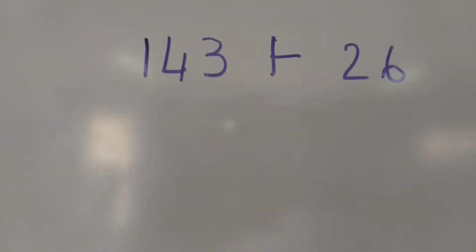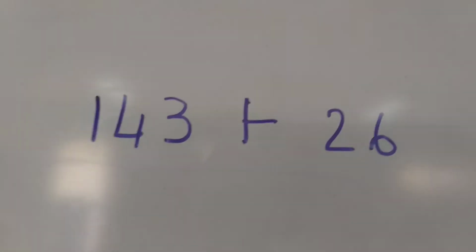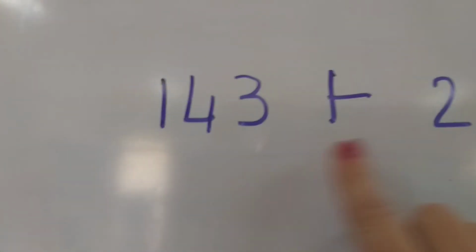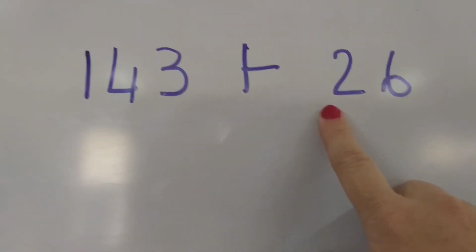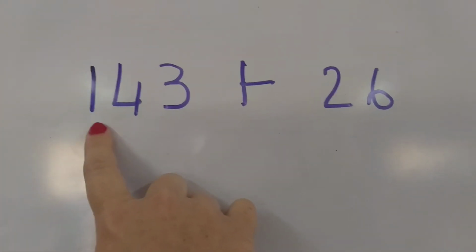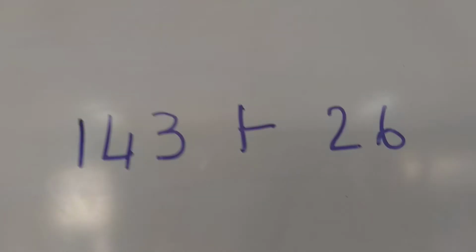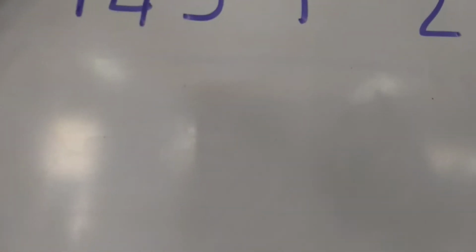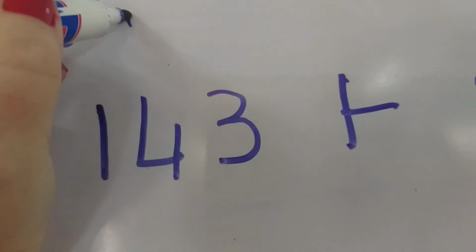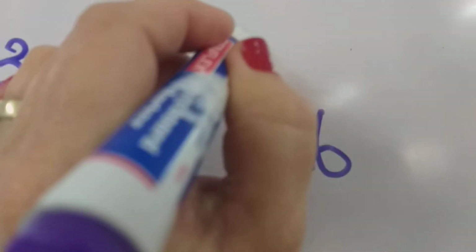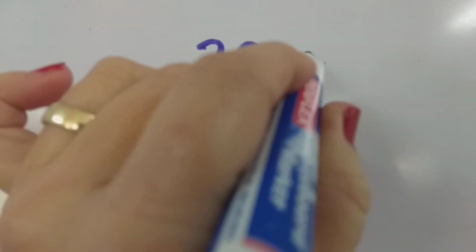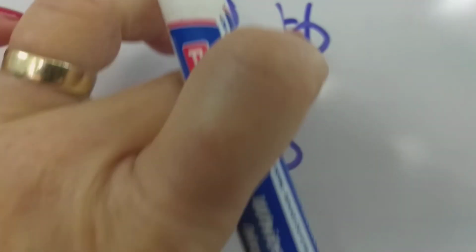The reason why I've included this example is you're going to see here in this number we've got hundreds, but there we don't. That just means that 100 is going to be on its own. So 100, and we're going to break the number down: 40 and 3, 20 and 6.